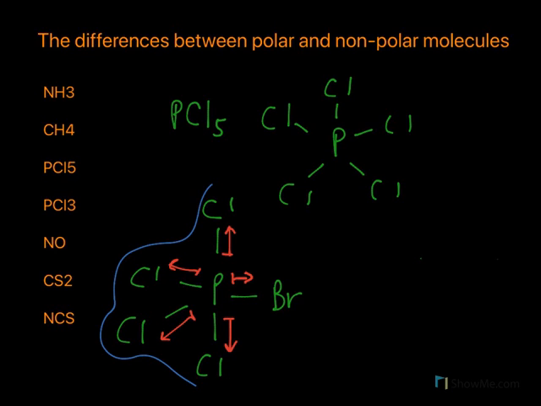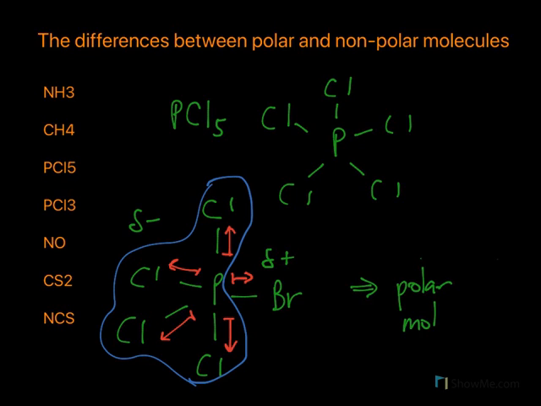That means that there is more electron density going to the chlorine than to the bromine. So relatively speaking, this bromine is now positive in nature, and the region in space where the chlorines are is more negative. This then would give us a polar molecule for PCl4Br. Okay? Let's look at the next one.